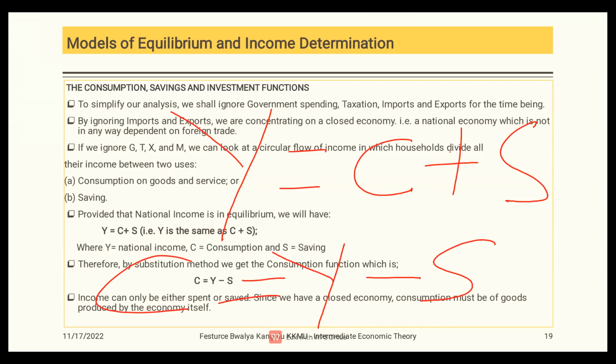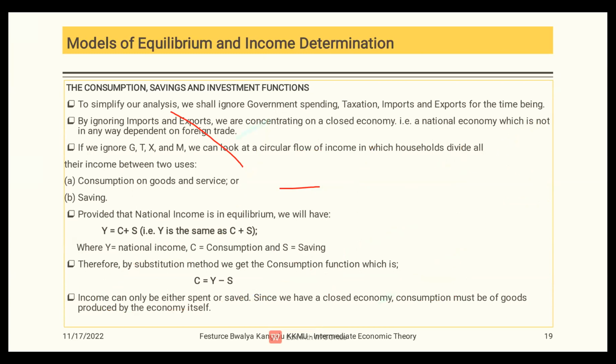You have consumption. Are you following? Yes, I am. So Y stands for income, C is consumption, and S is savings. If you remove savings from the national income, you remain with what you consume.